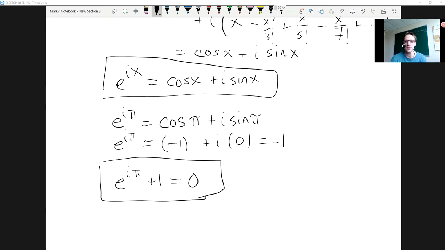Although that may seem like just an odd fact, it turns out that's one of the most useful formulas in all of physics and engineering, because it allows us to take problems that involve oscillation with sines and cosines and write them in terms of exponentials, which greatly simplifies the calculations and allows us to come up with nice, concise ways of describing electrical currents, waves such as sound and light, and many, many other things. So it's an incredibly powerful and very practical tool. And if you go on in math or science, maybe you'll encounter some of the applications of it.